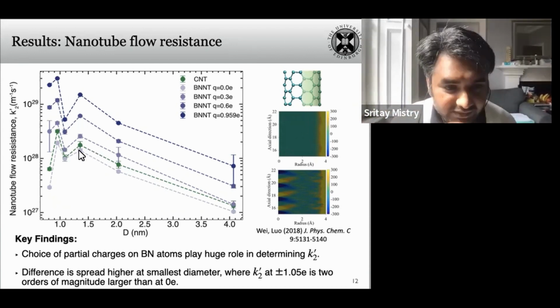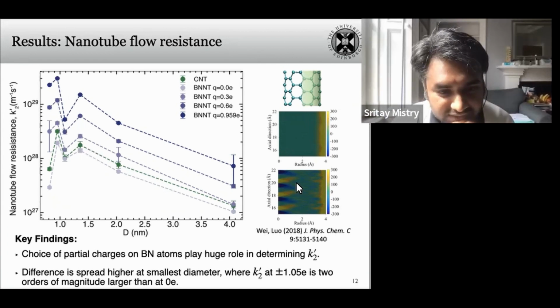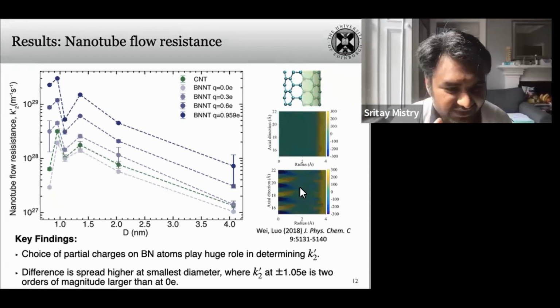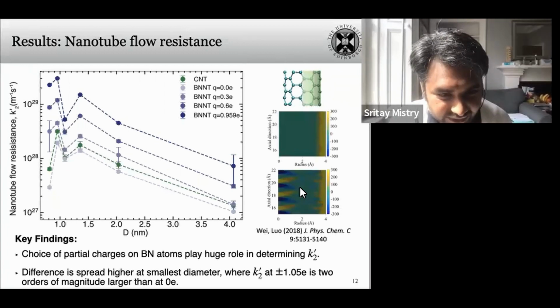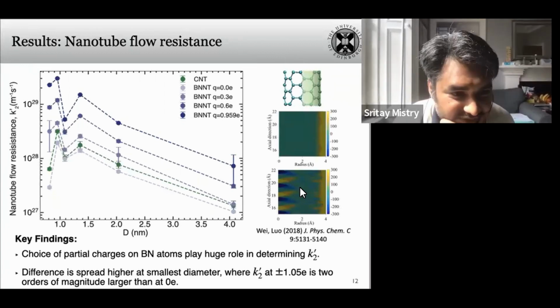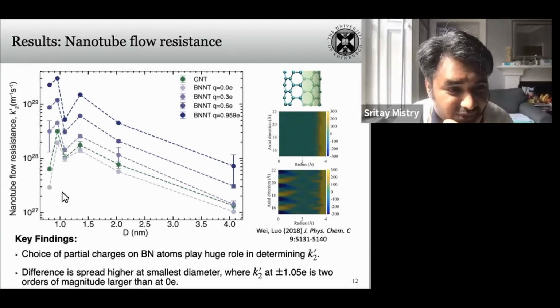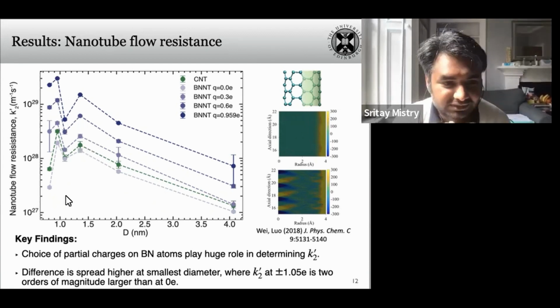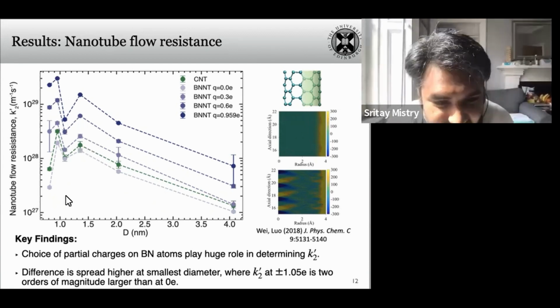And this is something which is expected. Other groups have found this true for carbon nanotubes. They artificially put charges on carbon nanotubes, and as they increase the charges, the interactions with water increase, and you find that the resistance increases as the charge increases. And this difference is almost 2 orders of magnitude at the smallest diameters, which is what you intend to use for desalination purposes.